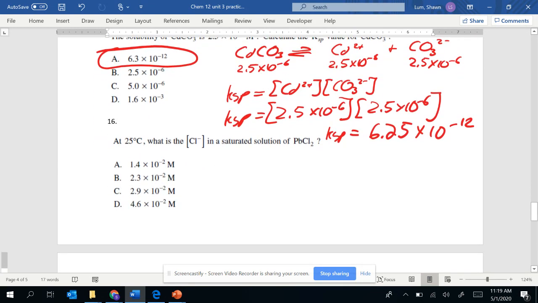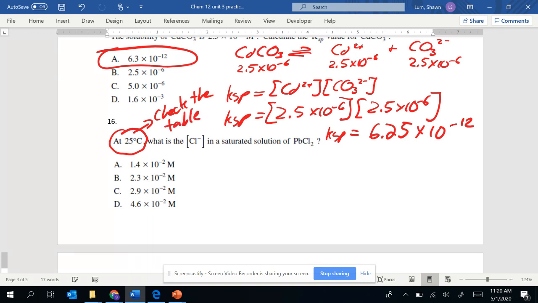Okay. Number 16, at 25 degrees, what is the concentration of Cl in a saturated solution? It doesn't give you one number except that 25. And that number 25 is kind of just, I'm not going to say it's a useless number, but it's kind of a reminder to say, check the table.